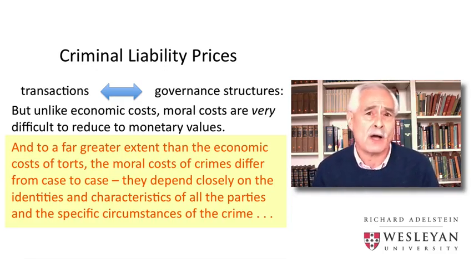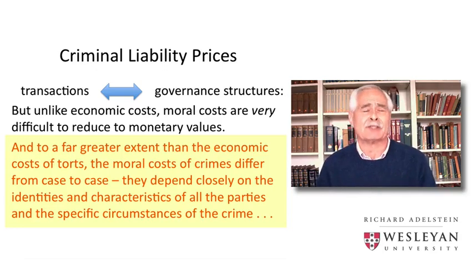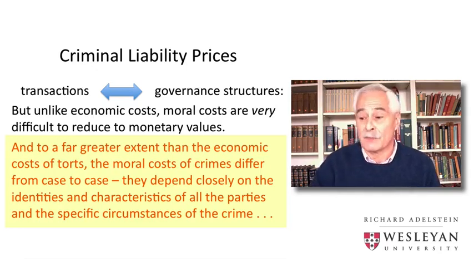So the moral costs of any abstractly defined crime will vary greatly from case to case, because the moral costs imposed by each crime are so closely dependent on the circumstances of the case and the identities of all of the parties to the transaction itself.